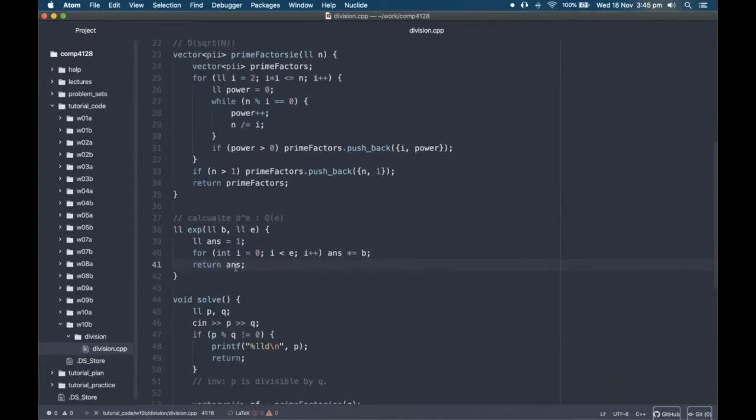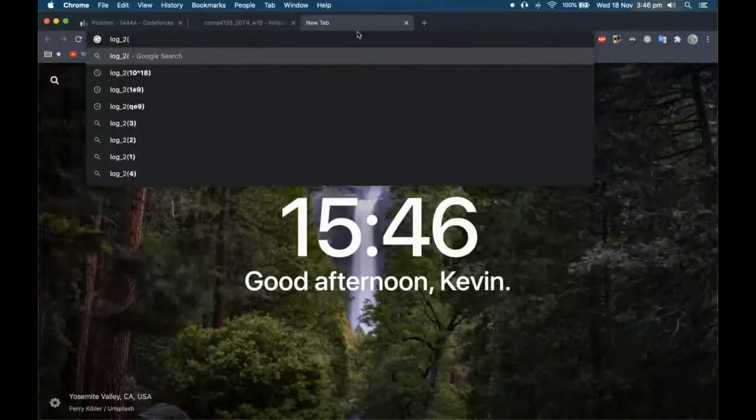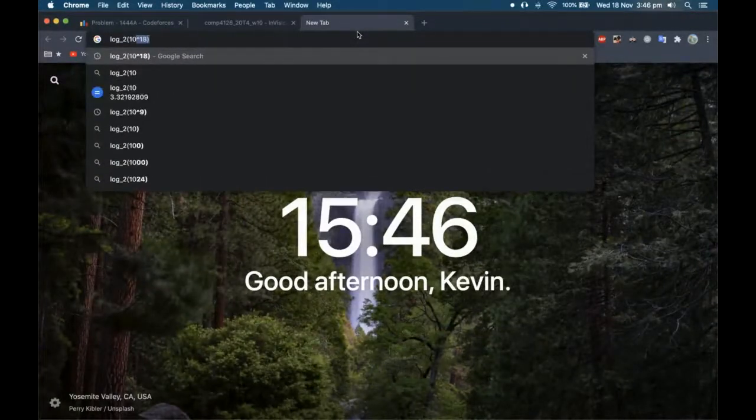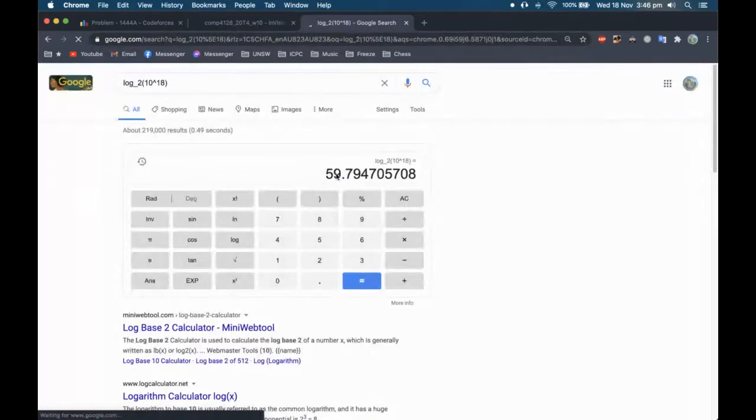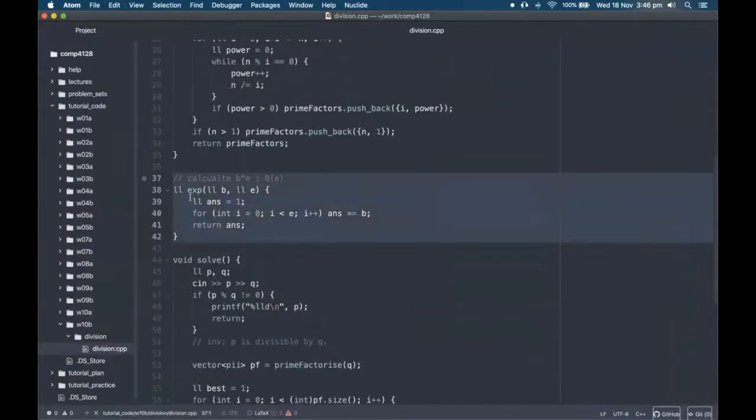So this is actually going to be more than enough to solve this problem, mainly because this is going to be at most a, and the power of any prime is going to be at most log base p of n. And if we look at that, which can be up to 10 to the 18, you see that this is at most 60. So this exponential function takes at most 60 steps, and that's relatively short run time.